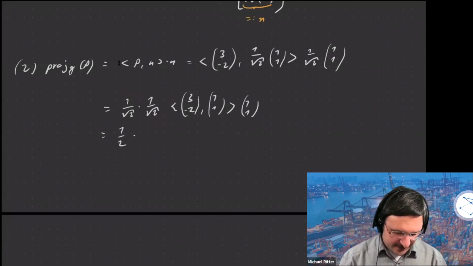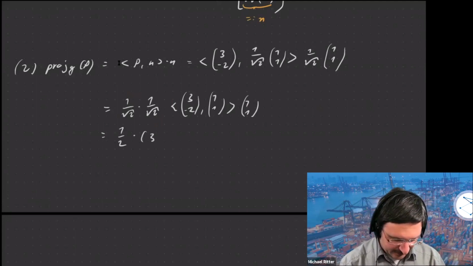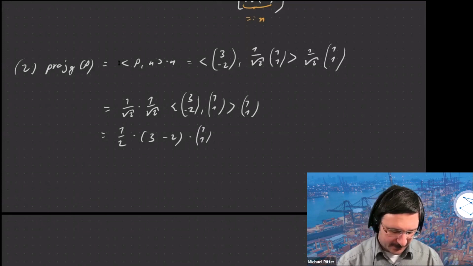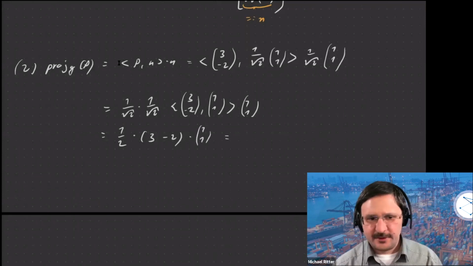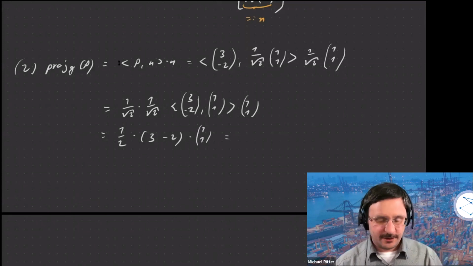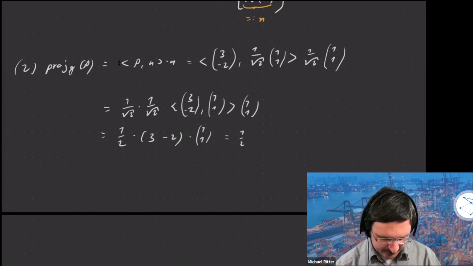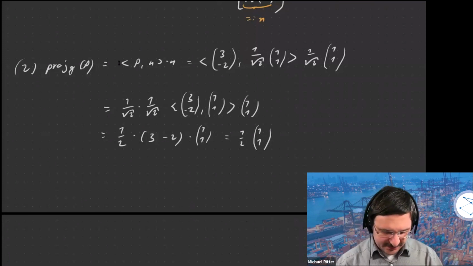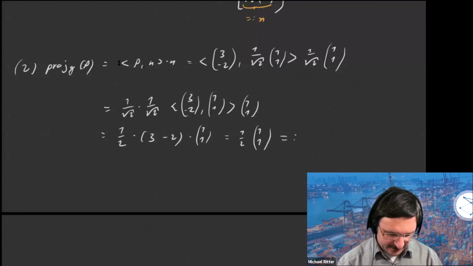This scalar product here would be 3 minus 2. And then we still have that vector 1, 1. Well, 3 minus 2 is just 1. So what we get is 1 over 2 times the vector 1, 1. So that's going to be our point P prime.